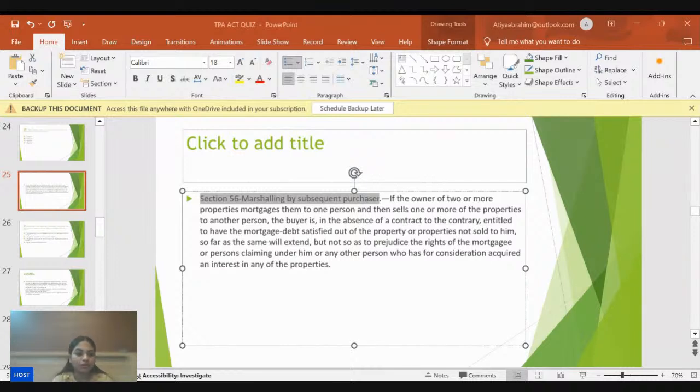So be very careful when you are marking the option if section 56 and section 81 both are given in your options, because both deal with marshalling. But 56 is dealing with marshalling by subsequent purchaser in the sale chapter, and 81 is dealing with marshalling securities under the chapter of mortgage, right?